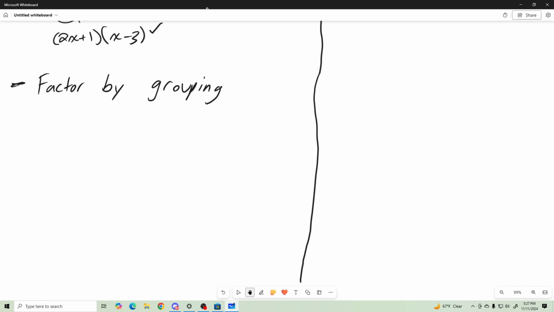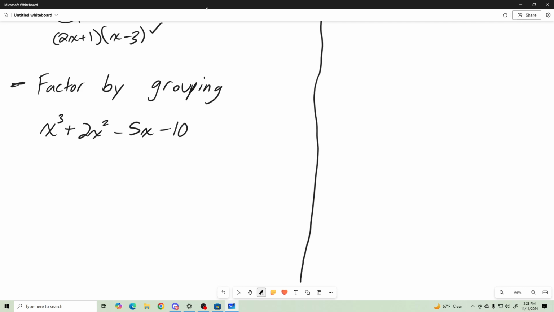Okay. Now, factoring by grouping is nice when we have 4 terms. So let's go ahead and give you an example here. So let's do x cubed plus 2x squared minus 5x minus 10.